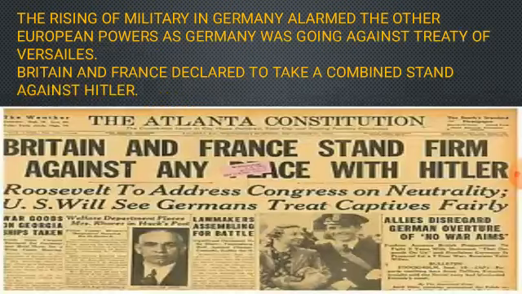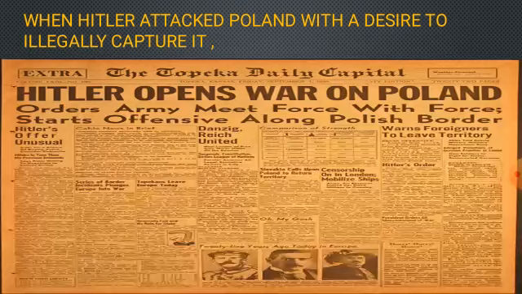The rising military in Germany alarmed the other European powers as Germany was going against the Treaty of Versailles. Britain and France declared a combined stand against Hitler.